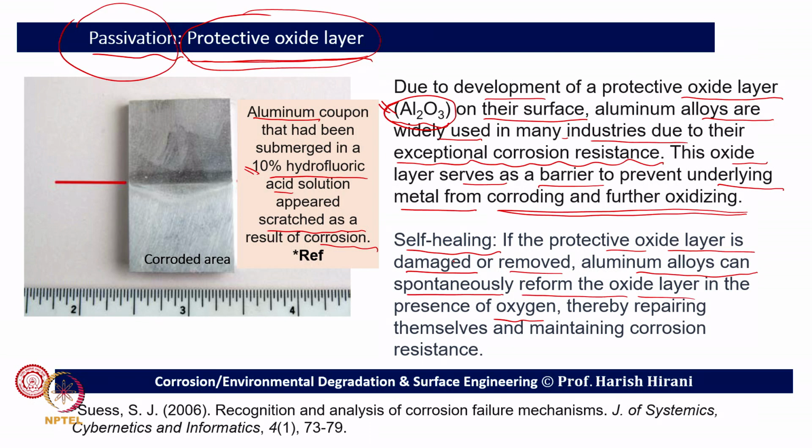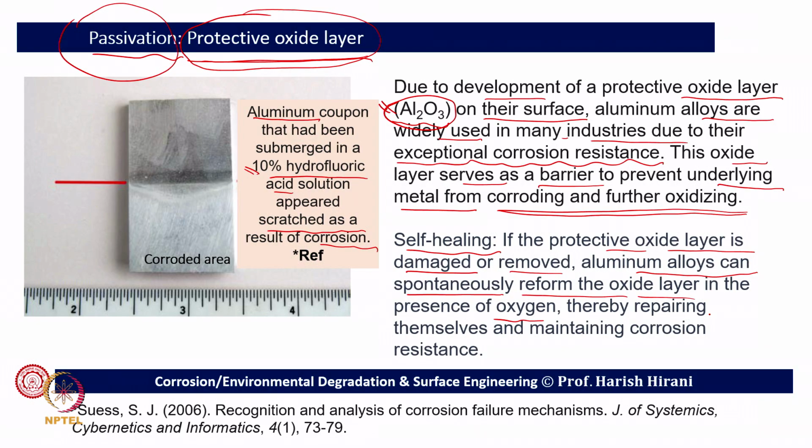However, for the time being we are assuming that if the layer is removed, it has self healing properties, it will be able to form oxide, assuming there is abundant oxygen available. However, if we think about space, naturally in space oxygen will not be available, so the self healing properties will not be available for the aluminum.